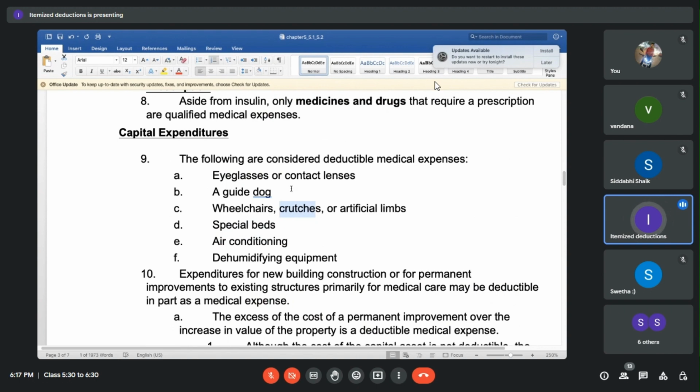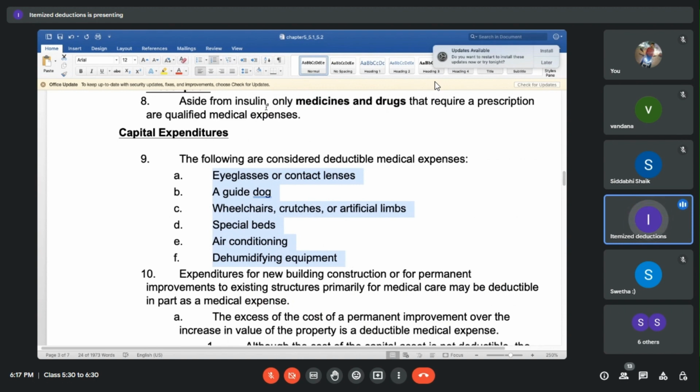Those are considered capital expenditures, because it's not like you take prescription medicines and get done with it. They may involve a lot more expenses, and those expenses are also deductible.